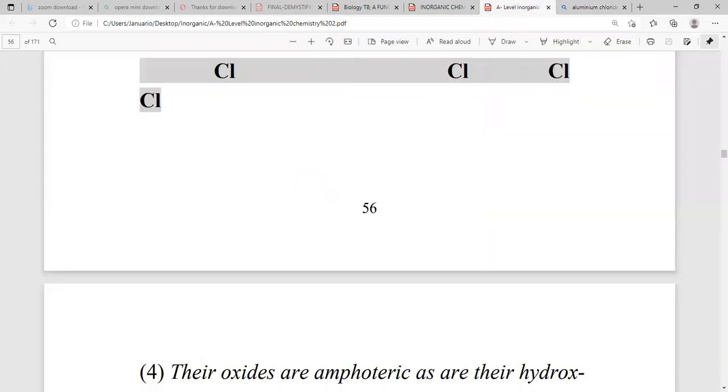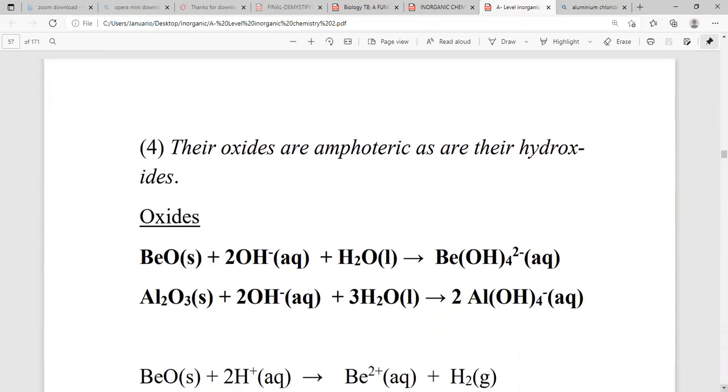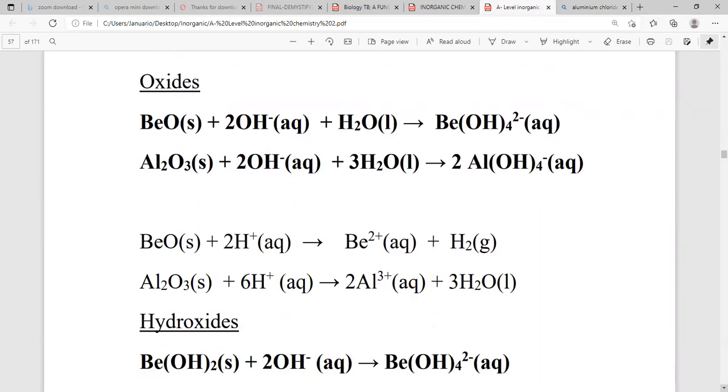Their oxides are also amphoteric, as are their hydroxides. Look at the oxide of beryllium. That is beryllium oxide. It reacts with the hydroxyl ions and water to give us a complex.